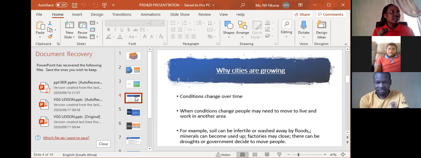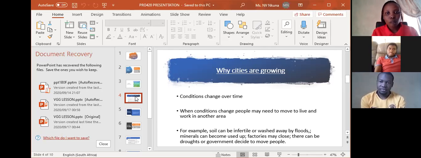In grade 6, you examined the reasons why people live where they do, where you were looking at places where they can make a living, areas where there is good farmland, availability of water, and political reasons.